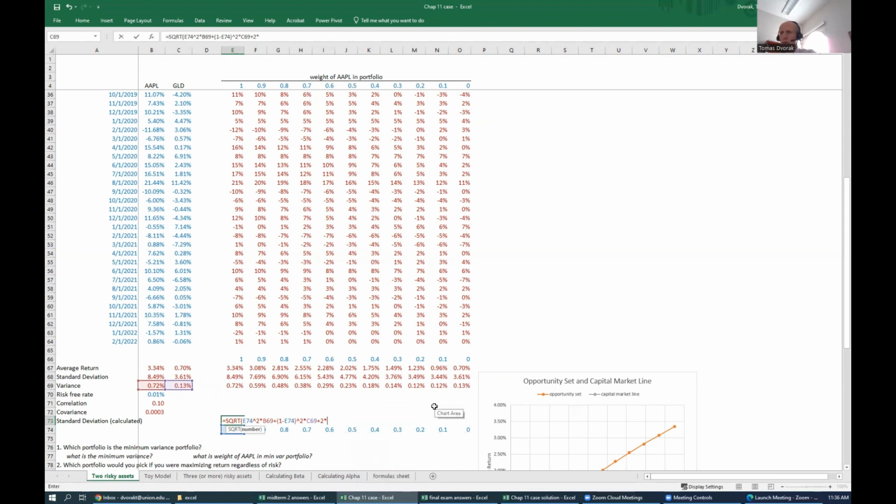Okay, we actually have covariance. Where do we have covariance? We already calculated covariance. Covariance is here. I'm going to close that, and that should work.